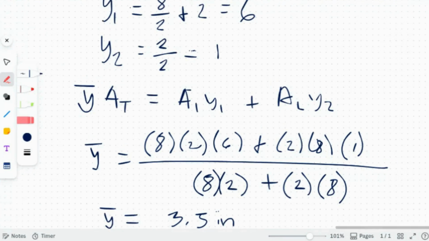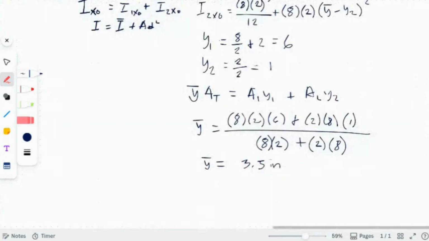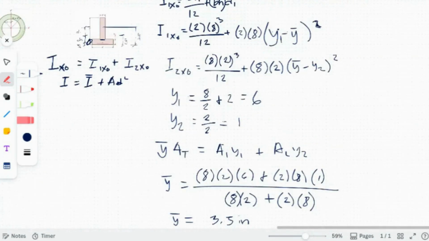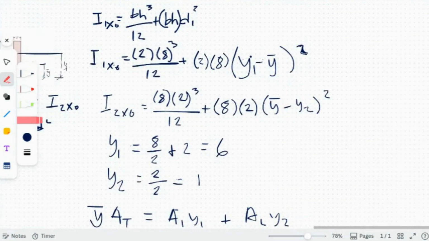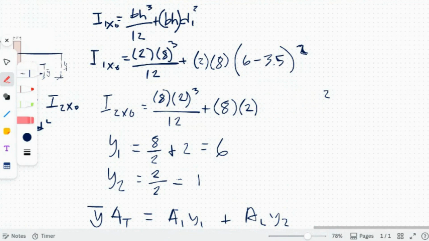Now we will plug these values in here. So y1 is 6 minus y bar, 3.5. So here we'll also correct this, 3.5.